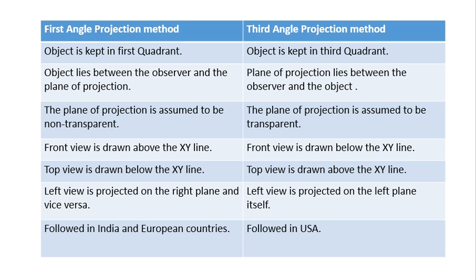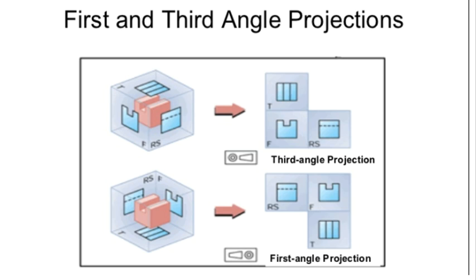Whenever you face a problem, you have to solve it in first angle projection method. This first angle projection method is followed in India and European countries, while third angle projection method is followed in USA.